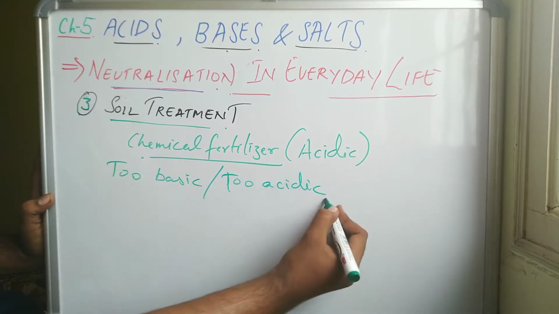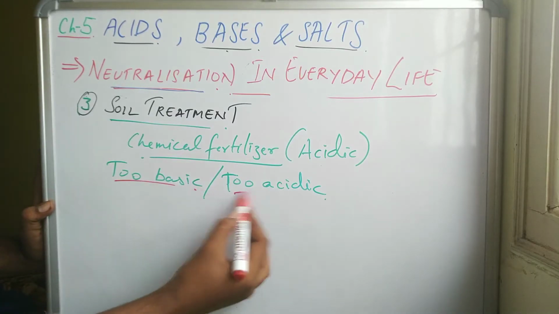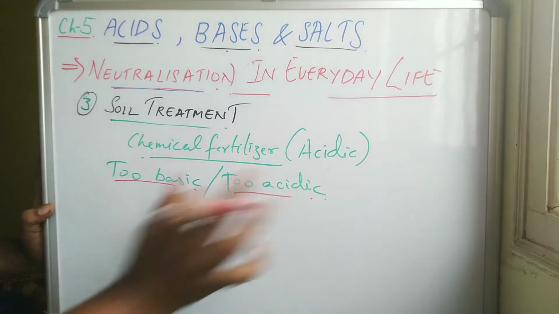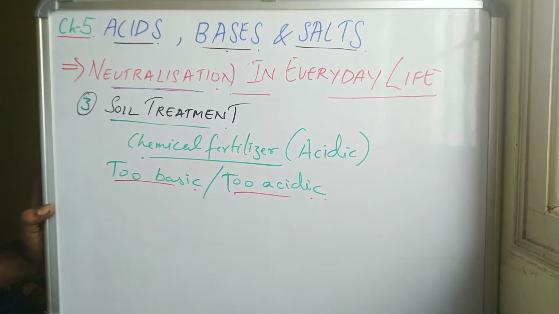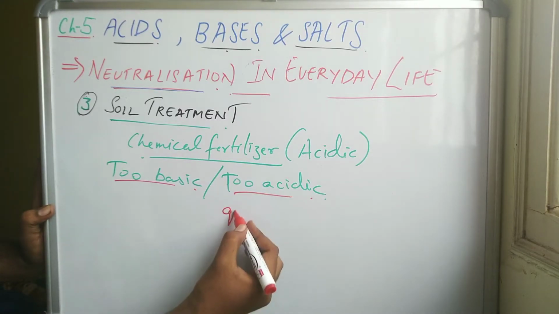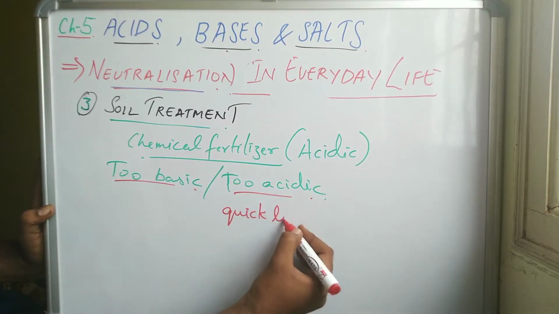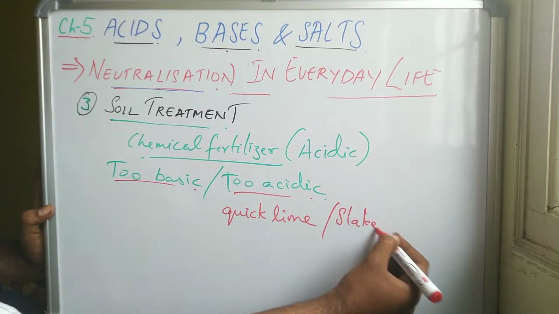what do you have to do? So we can do one thing. When the soil is too acidic, I mean too much acid is present in the soil, we have to treat the soil with a base, like quicklime or slaked lime.